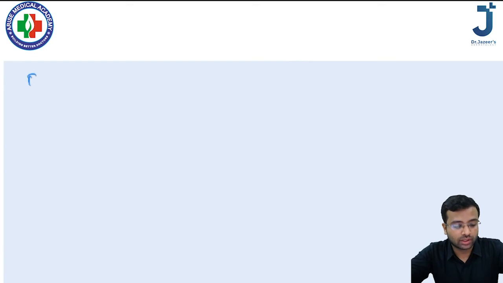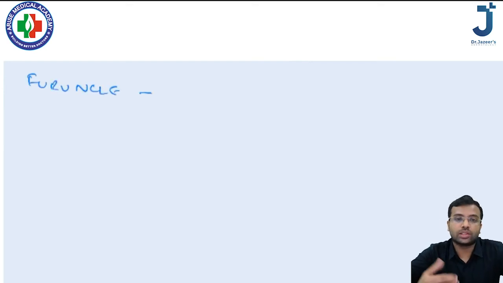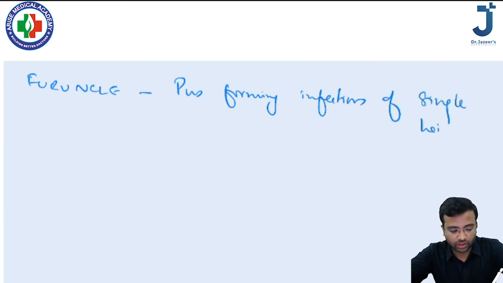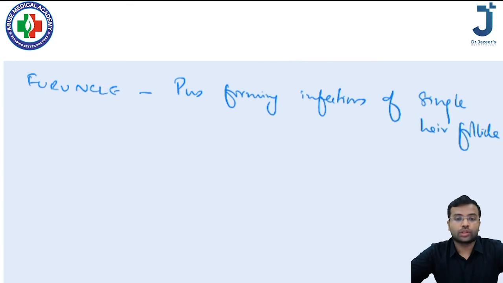A furuncle is a pus forming infection of a single hair follicle. If a single hair follicle is involved and there is a pus forming infection, which we usually call a boil, that is going to be a furuncle.